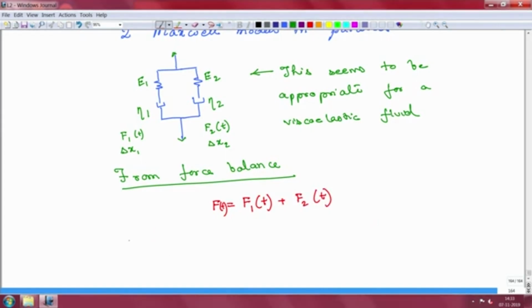Again, similar to the previous case, from geometry we will have delta x equal to, because it is geometric, both of them are geometrically constrained, the displacement of the system has to be equal and be shared by the two cases. So, we will write that relationship as this.